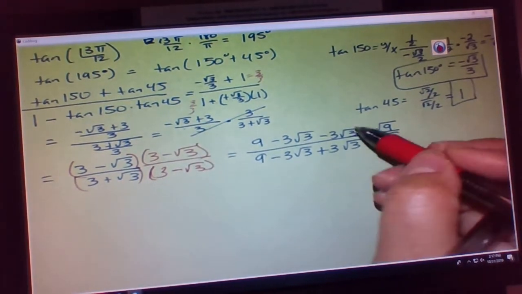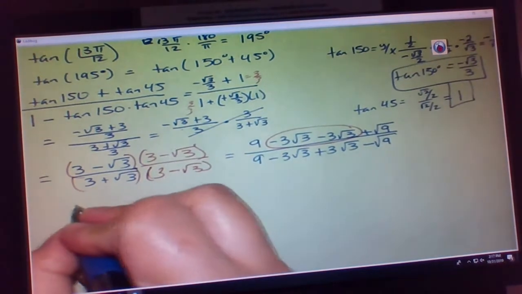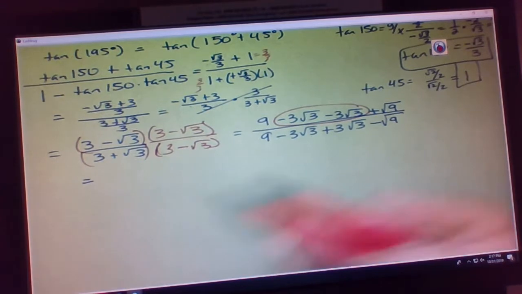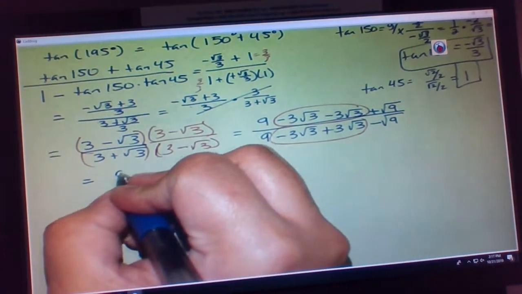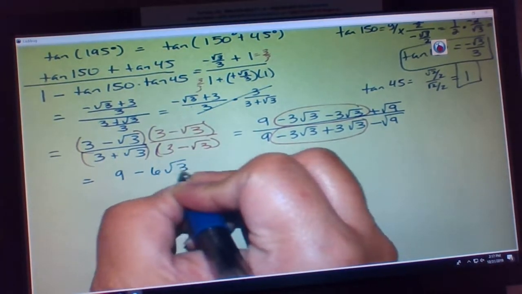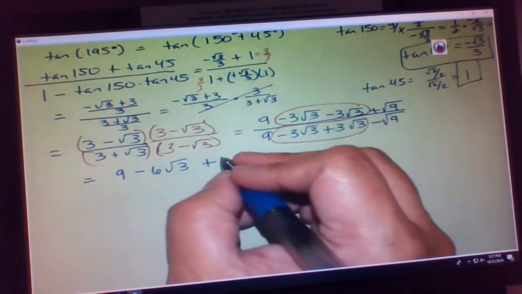Now what happens to your middle terms on top? They become what? Do they cancel? No. A negative 3 and negative 3 becomes a what? Negative 6 square root of 3 plus, what's the square root of 9? 3.